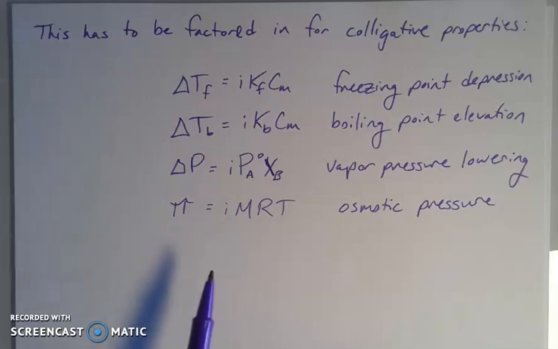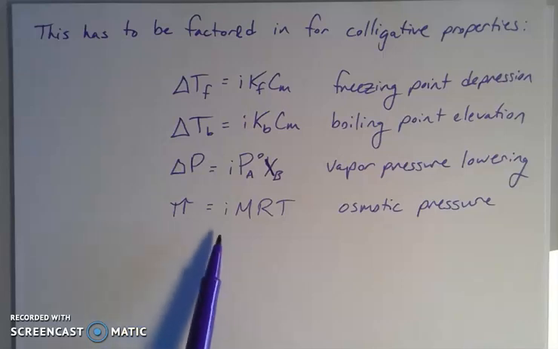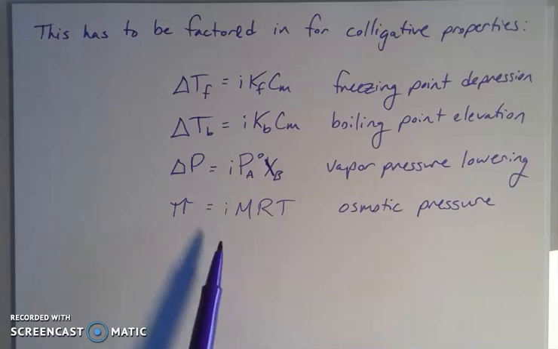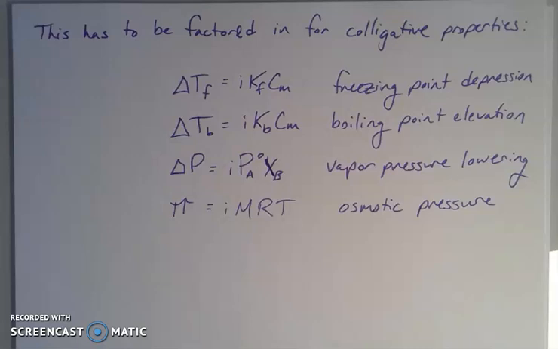Oftentimes in a general chemistry context, they'll tell you to assume 100% dissociation. If it doesn't tell you to assume that, then you might have to calculate it. It might come out to be a non-round number, and that's okay. It just really depends on how soluble that ionic compound is, how much it splits apart in solution.